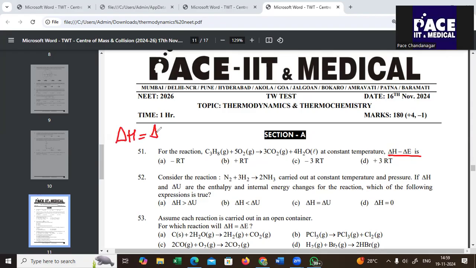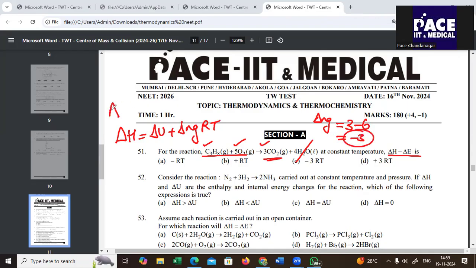Delta H is equal to delta U plus delta NGRT, and NG stands for the number of gaseous moles. So don't consider the liquid state. Delta NG here will be 3 minus 6, because the reactant side has 5 moles plus 1 mole. Product side minus reactant side, 3 minus 6, which is -3.